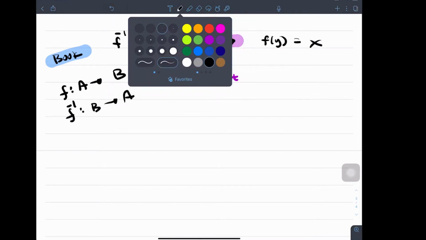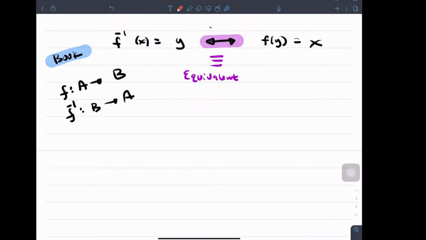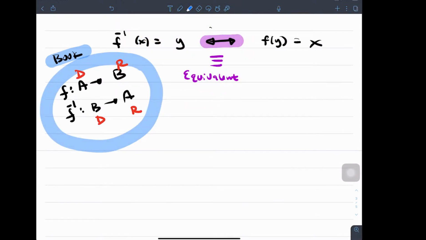This is my domain, range, domain, range. Okay, this is the formality of what the book is actually saying here. So we just have to find out what this means in our context. That's all, okay?